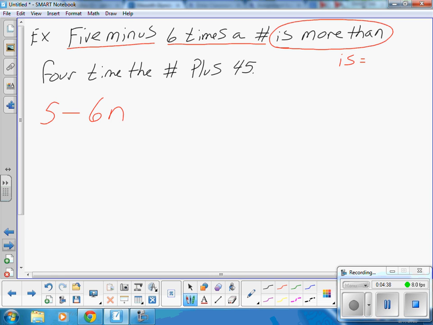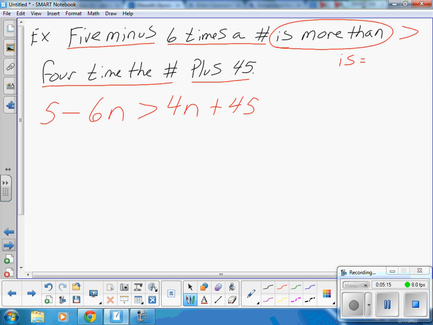But if something is more than, that means that it is greater than. The is letting you know that the is more than is not an addition, but that it is the greater than symbol. 4 times the number, so 4n, and then plus 45. So this is the inequality that you get from what is written in words, and then you go through and solve it.